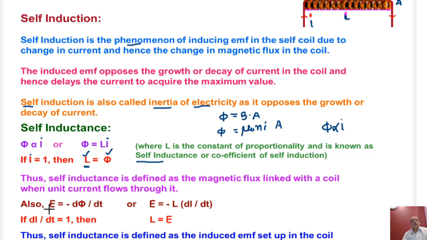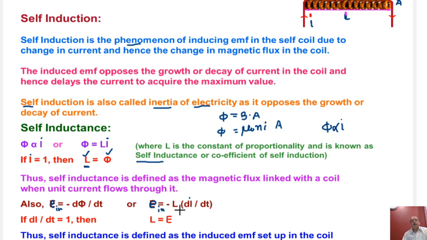As we know from Faraday law of induction, E induced is equal to minus d phi by dt. We put here the value of flux and plug this value in the equation of Faraday law of induction.